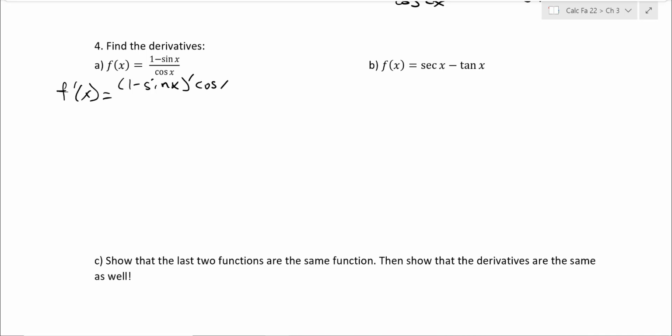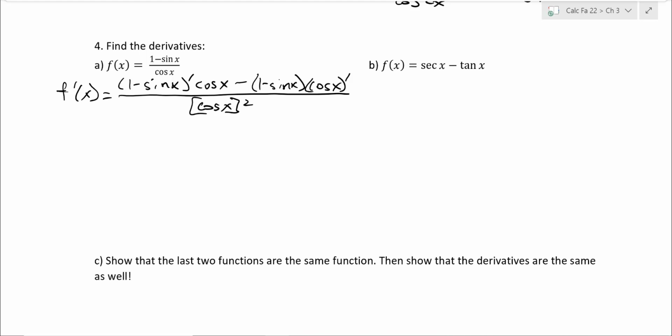And then times cosine x minus 1 minus sine x times the derivative of cosine x all over cosine x squared. All right, so we introduce the prime notation to get the derivative of the top function times the bottom minus top function times derivative of the bottom all over that bottom function squared.